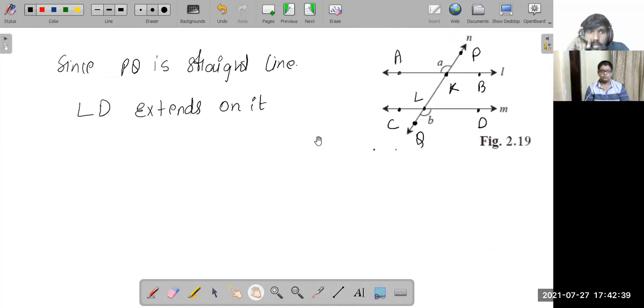On my right, DLQ and DLK, yeah, correct.